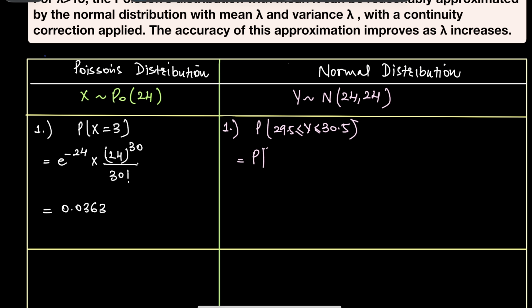So we will write probability: 30.5 minus 24 over root 24 is greater than or equal to z, greater than or equal to 29.5 minus 24 divided by root 24, that is the standard deviation.